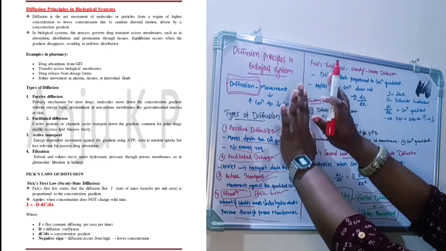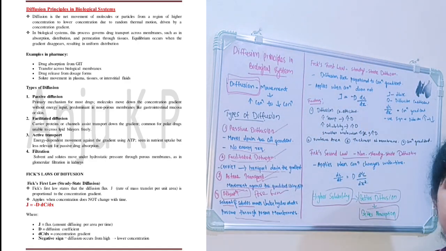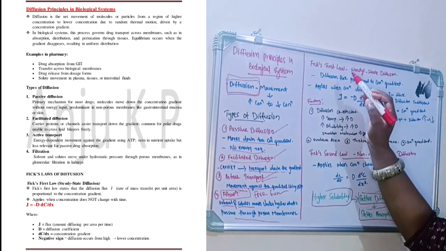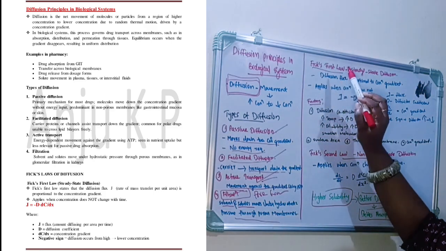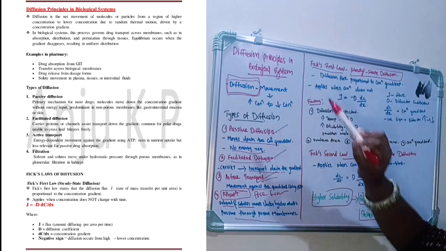Next, in diffusion, you have to study Fick's law of diffusion. As per Fick's law, we have two types: Fick's first law as well as Fick's second law. According to Fick's first law, it is for steady state diffusion.